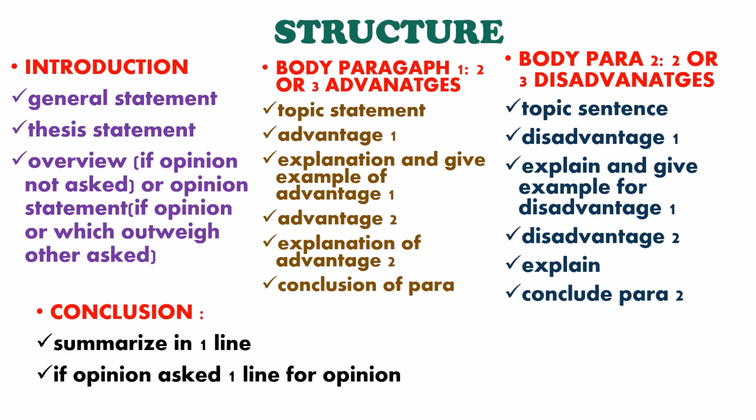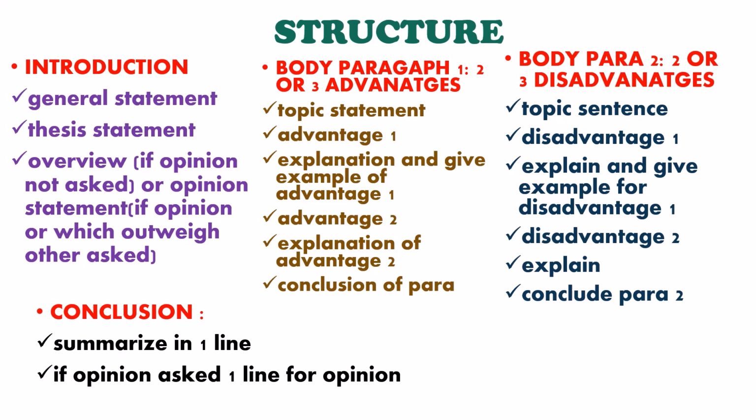When there is an opinion asked, then you will include one more line saying, I personally believe that it is beneficial for the world, or it is more pernicious for the world, or the pros outweigh the cons, something like that. Okay, so when opinion is asked, you give one more line.